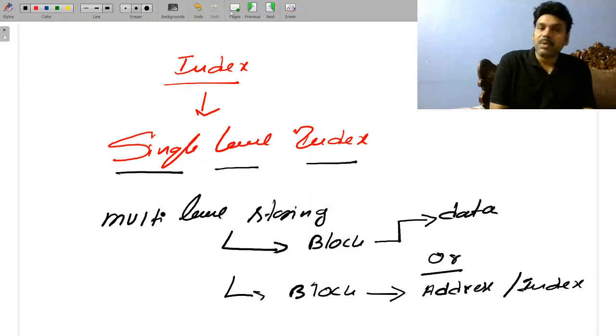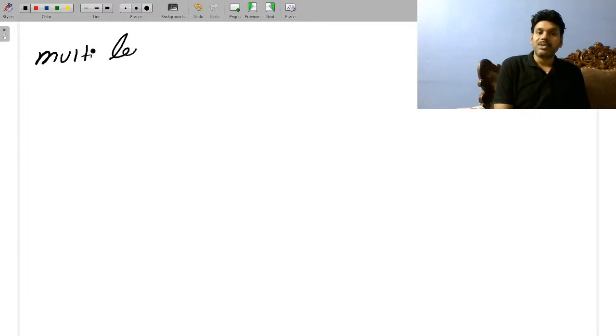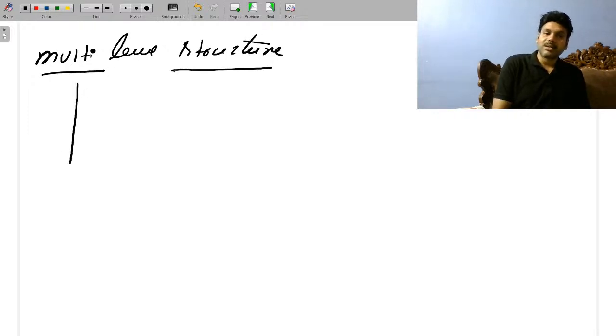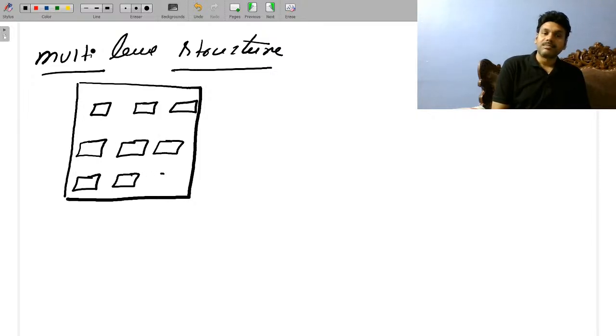So therefore your blocks are being divided. If I am using a multi-level structure to store your data, I need to be very careful, as there are many blocks available on your hard drive, such that some blocks are going to store data and some blocks are going to store addresses.